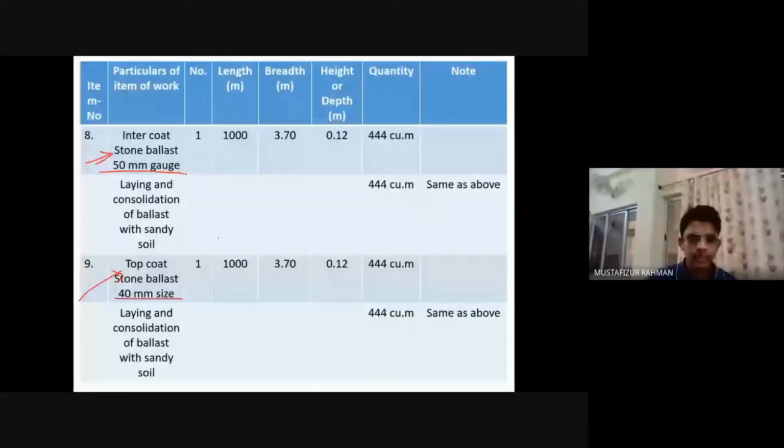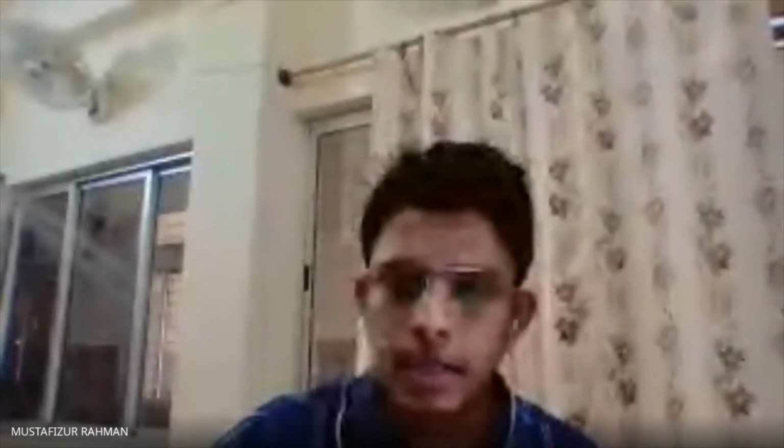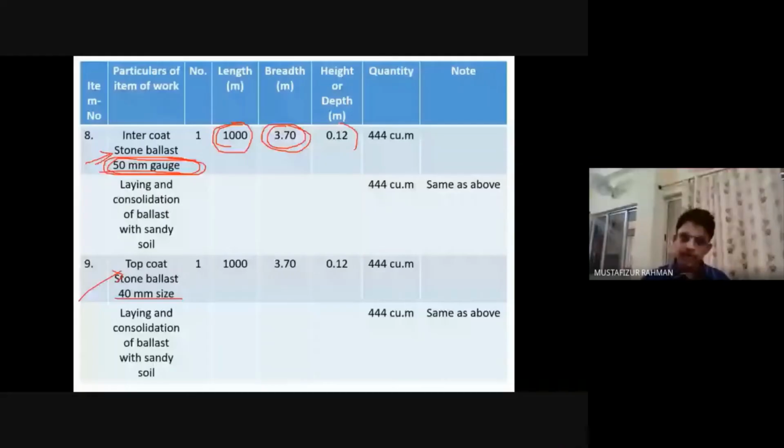Intercoat 50 gauze stone ballast. Its height or depth is mentioned to be 12 centimeter, then it is to be compacted. So we will consider 12 centimeter only, and we will find out how many cubic meters of material we require. Then the filler materials are the same as above.